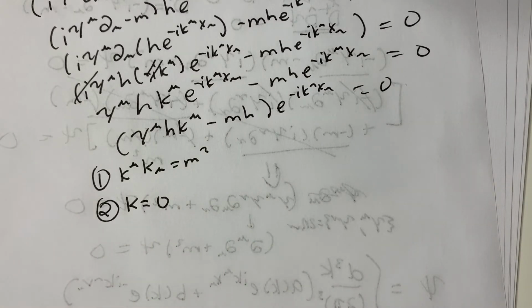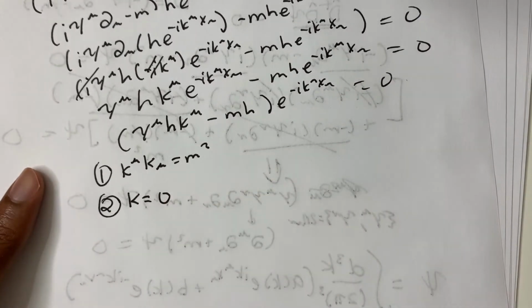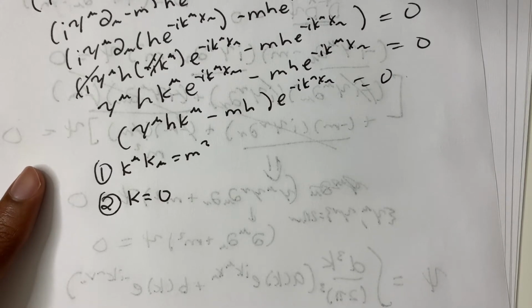But that's not a big problem, since in the end, you can just give our solution a Lorentz boost to the general frame of reference. The Lorentz boost will be done in another video for sake of time.